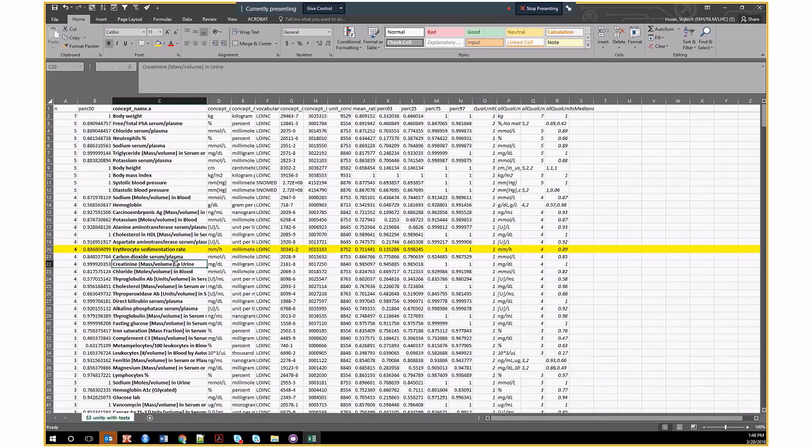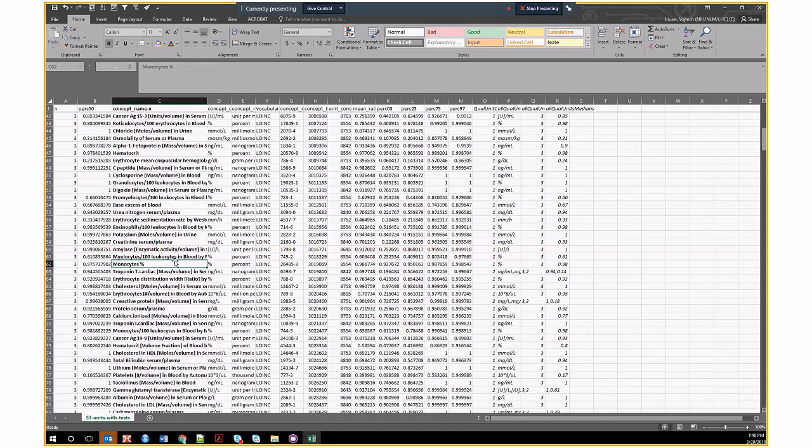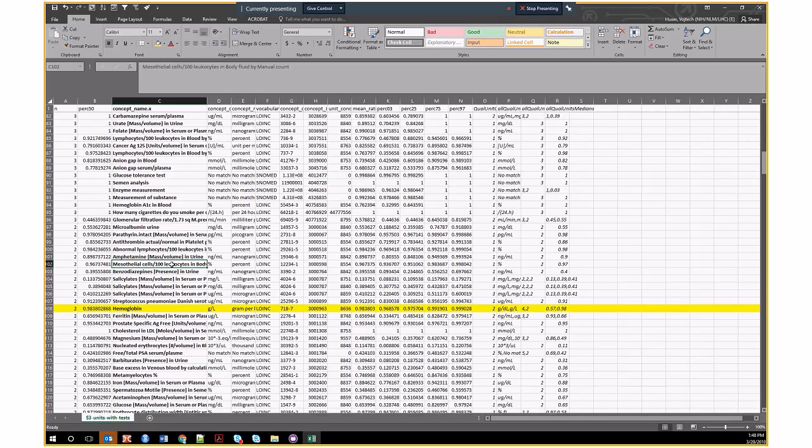To show another example, I'm going to scroll to an example where we see more than 1 unit. For example, hemoglobin and gram per liter unit was observed at 2 sites. The median is 98%, so that's probably a prevailing unit for this lab test, the gram per deciliter.